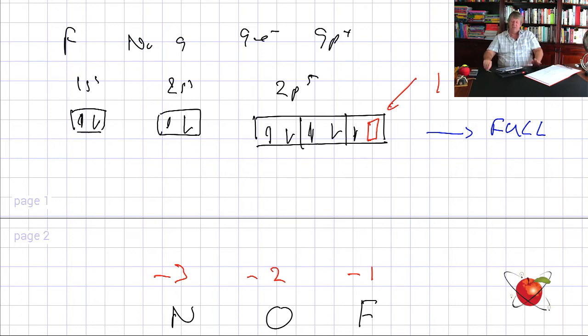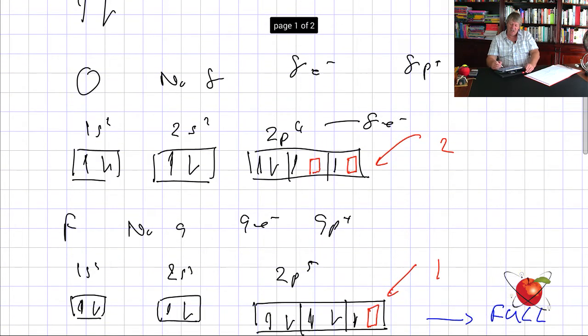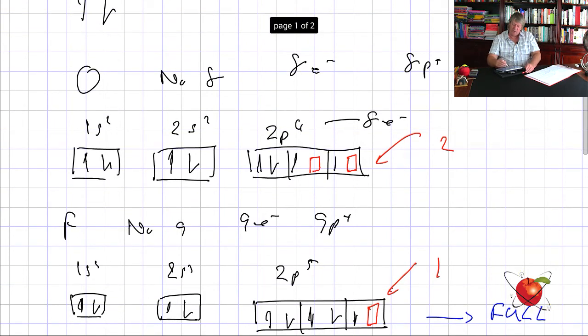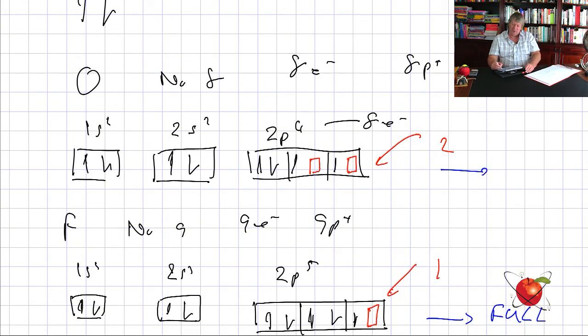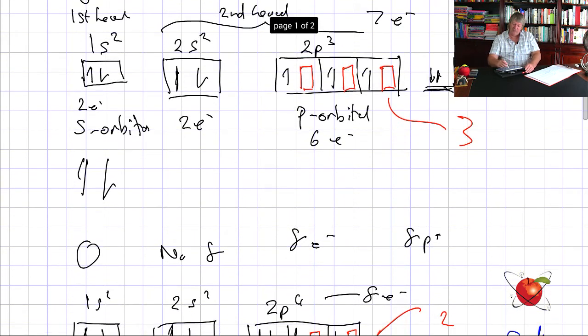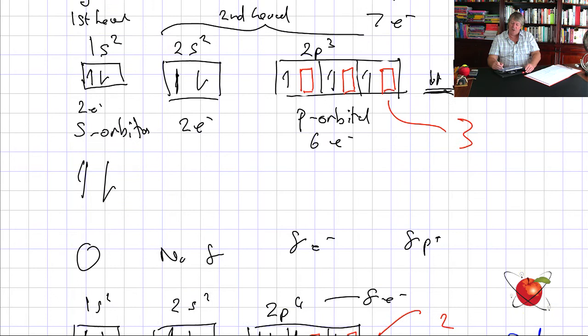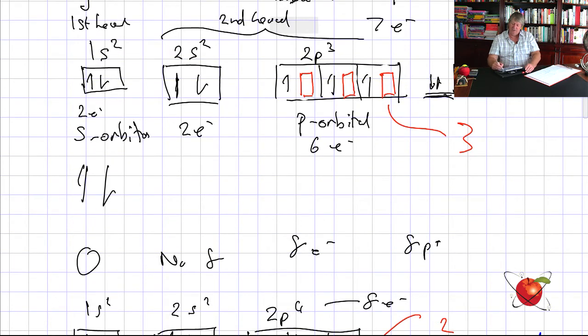We'll have a look at those in a second, okay? Let's have a look here. Can you see? I need 2 to be full. And similarly, over here, I need 3 to be full. All right?